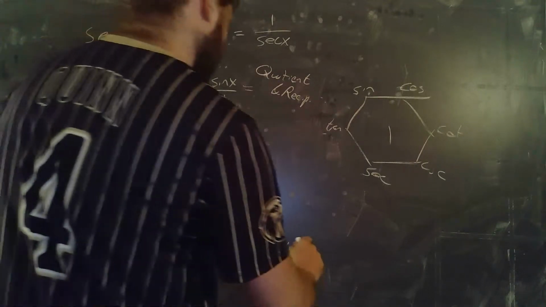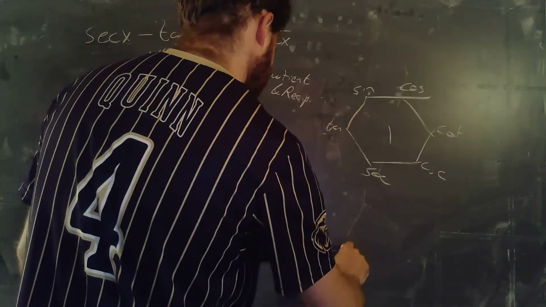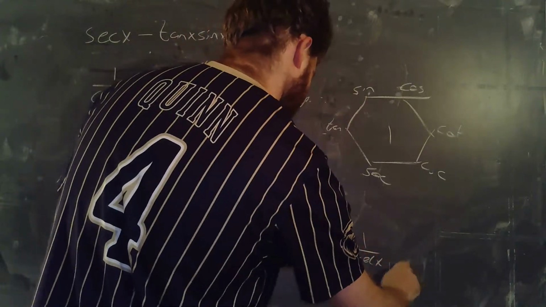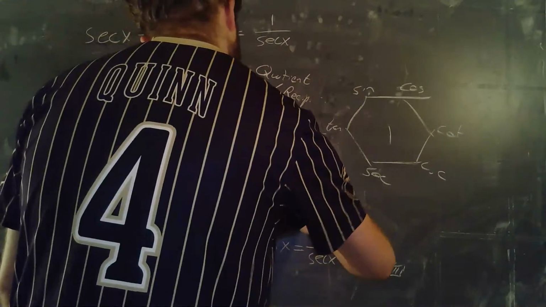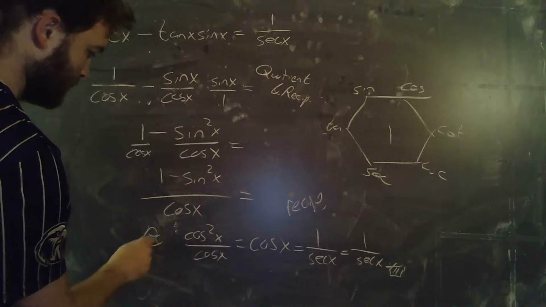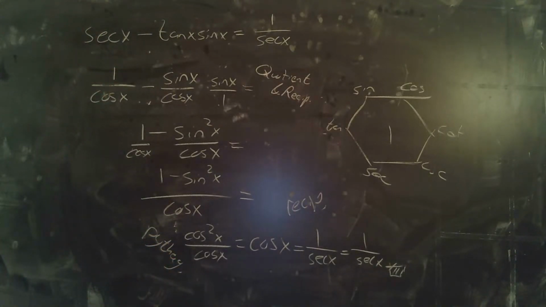And then by the reciprocal identities, cosine is 1 over secant of x, which is what we were trying to show in the first place. So what I'm going to write here, this was a reciprocal identity, and what I did here, this was a Pythagorean identity.